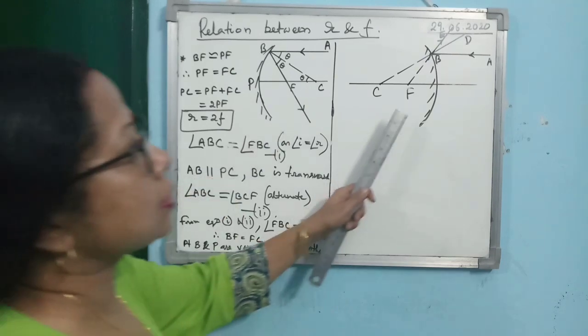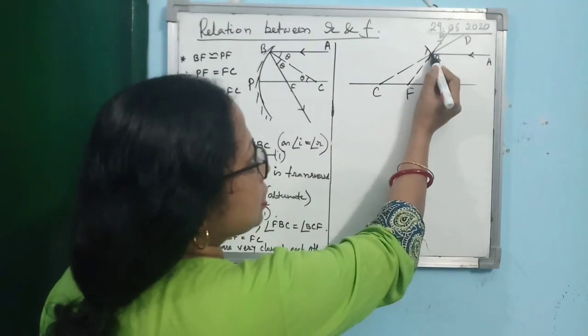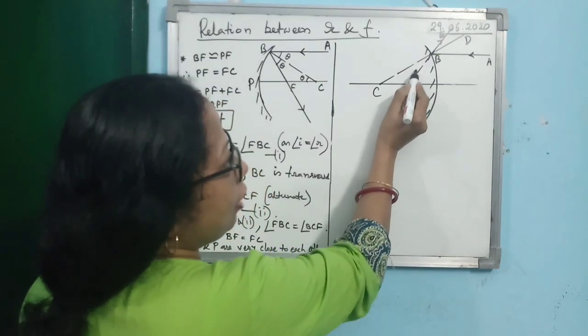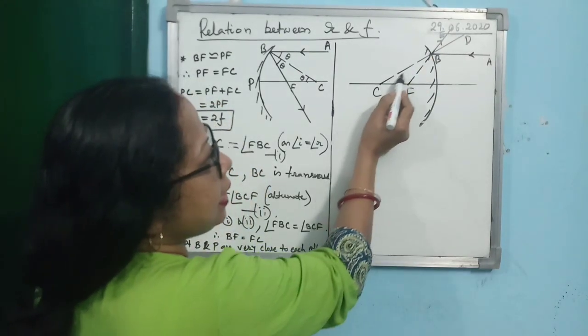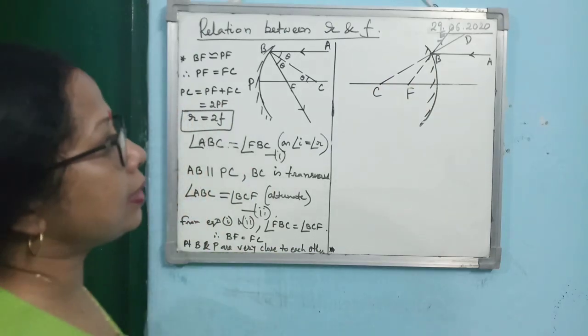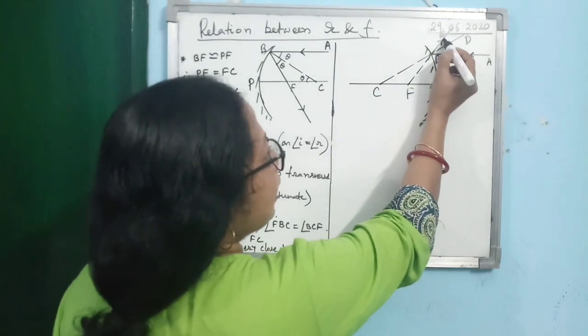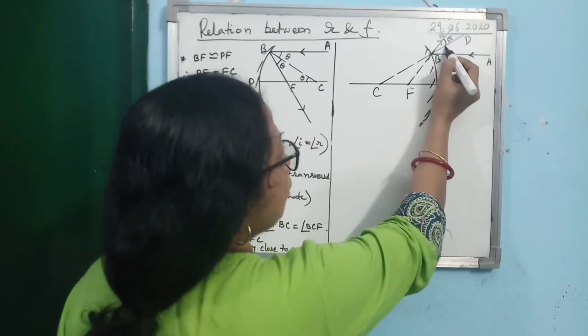Now for the convex mirror, how to draw the diagram? Take a ray parallel to the principal axis till the point B. Then join FB, that will be the reflected ray. Then join C and B and extend, that will be the normal. In this case, what is the angle of incidence? This is the angle of incidence. Sorry, this is the angle of reflection.